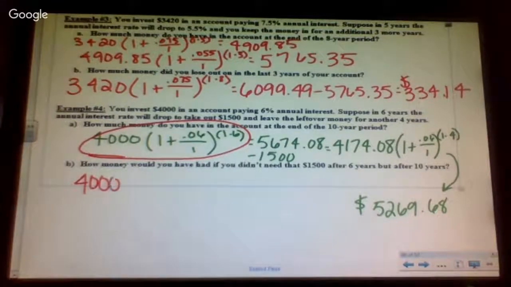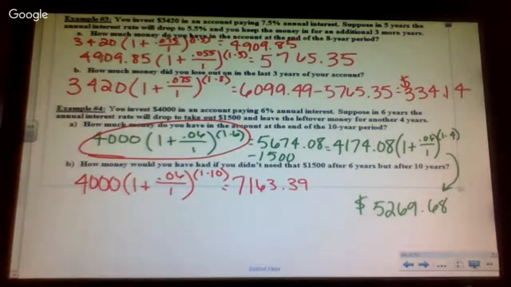So 4,000 times 1 plus 0.06 raised to the 1 times 10, without the withdrawal. $7,163.39. Now we're going to withdraw that 1,500, and you should have had $5,663.39.